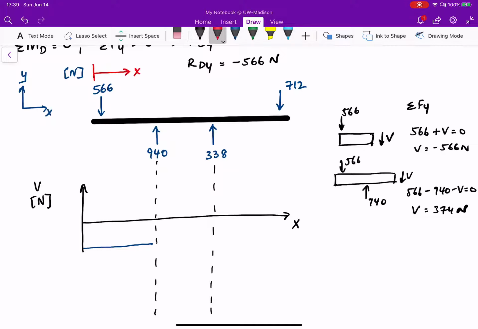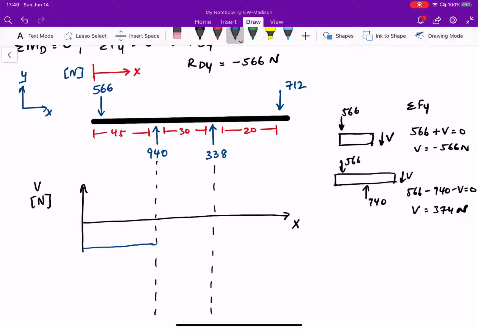This distance here is 45. This distance here is 30. And this distance here is 20. Okay, so till I reach the next force. Now 940, now I have to displace my line by the same amount that the force is in that direction. So now 940 is pointing upwards in the positive y.